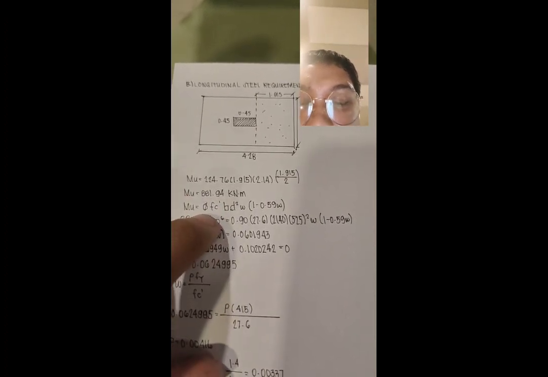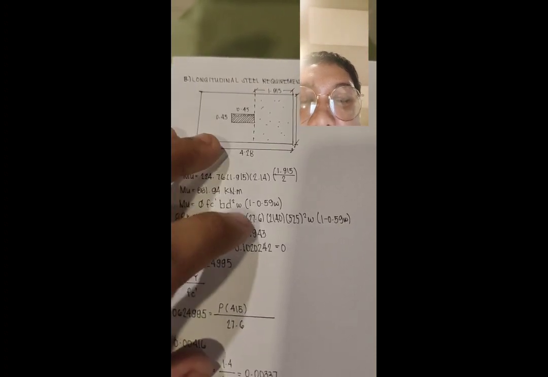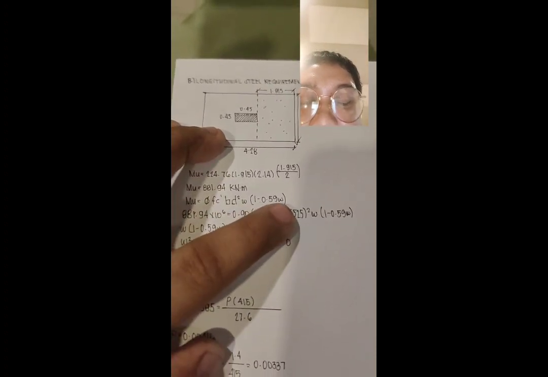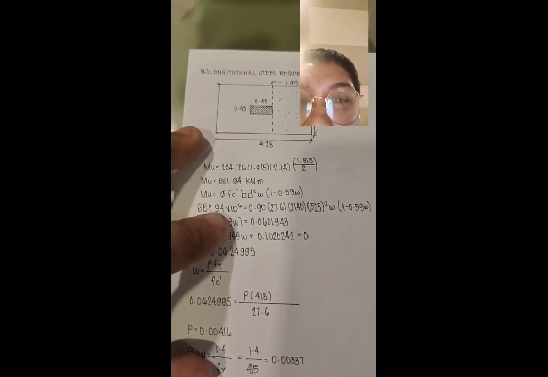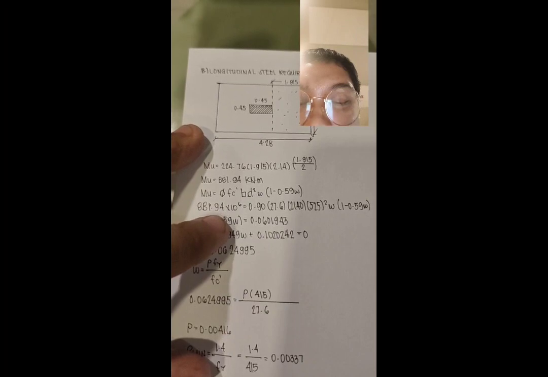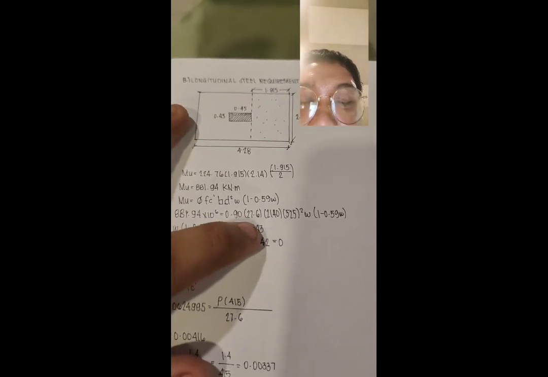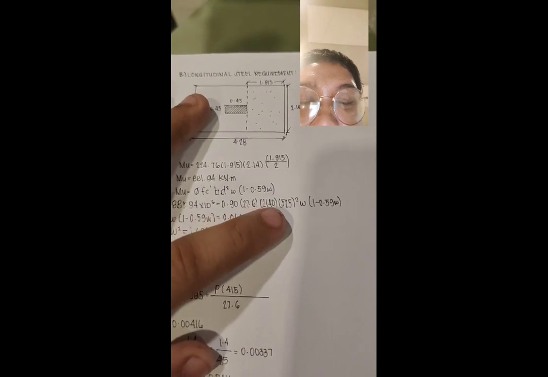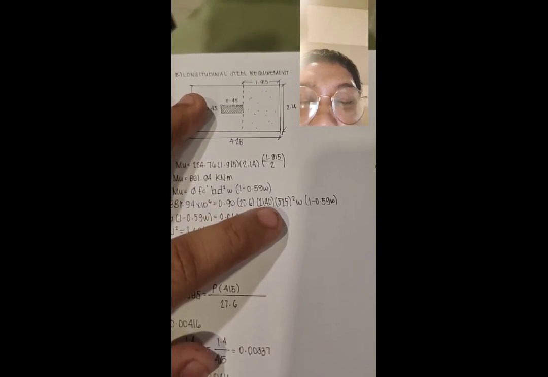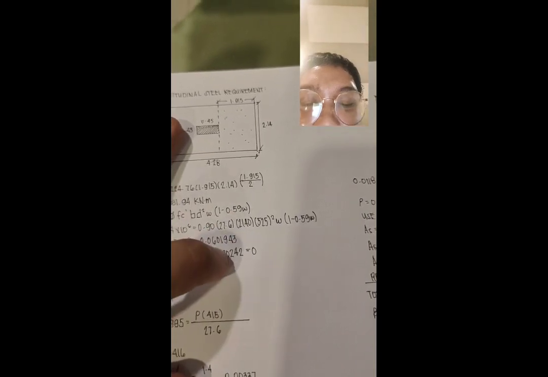So MU equals Phi FC prime BD squared W times 1 minus 0.59 W. So using this formula, with the MU we got, 881.94 times 10 raised to 6, equals 0.90 times 27.6 FC prime times 2140 B times 525 squared D, W times 1 minus 0.59 W again.